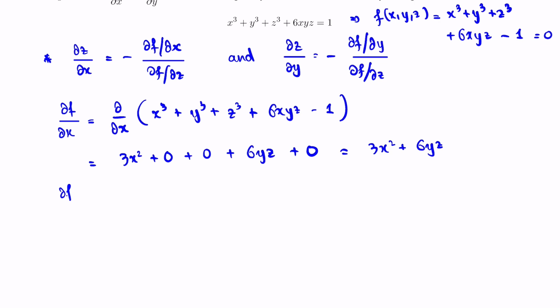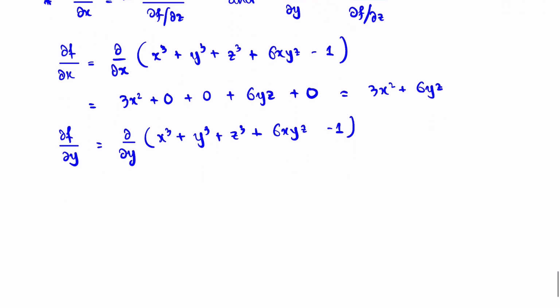Now for partial f partial y, you do partial y of x cubed plus y cubed plus z cubed plus 6xyz minus 1. And in this context, x and z are constant. So you get this to be 0 plus 3y squared plus 0 plus 6xz plus 0. And you simplify the result and you get 3y squared plus 6xz.